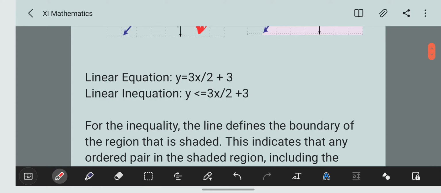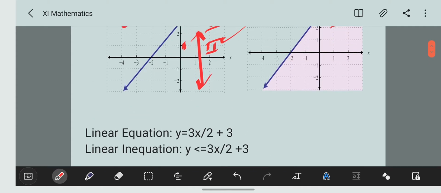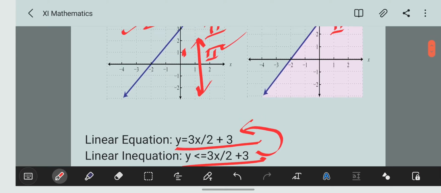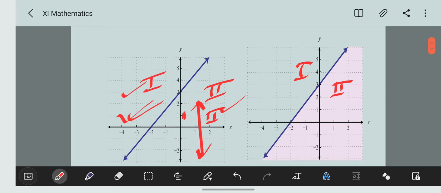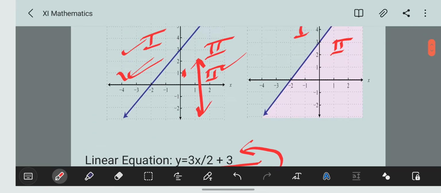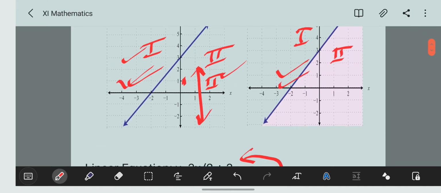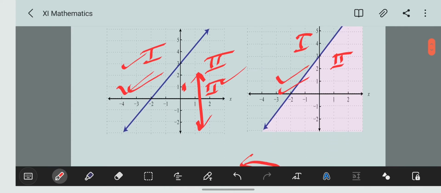Take the linear equation y equals 3x by 2 plus 3 and the inequality y is less than or equal to 3x by 2 plus 3. For the equation, this graph is satisfied, and for the inequality, the shaded part is the second region.